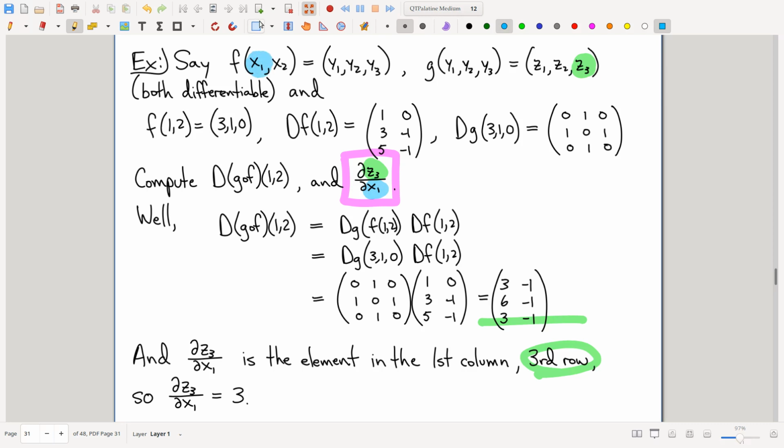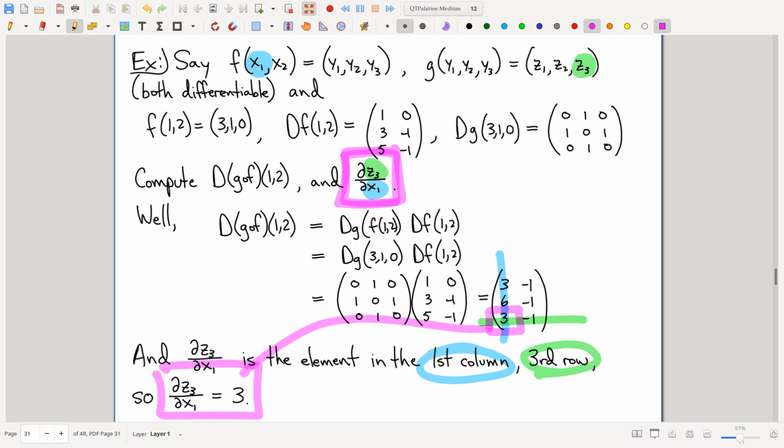Input variables correspond to columns. So we're looking for one of the entries in this first column. And at this point, now I know exactly which entry I'm looking for. This partial derivative that I'm interested in is the entry in the first column and third row, and that means I'm looking for that entry right there. And so our partial derivative in question is 3.